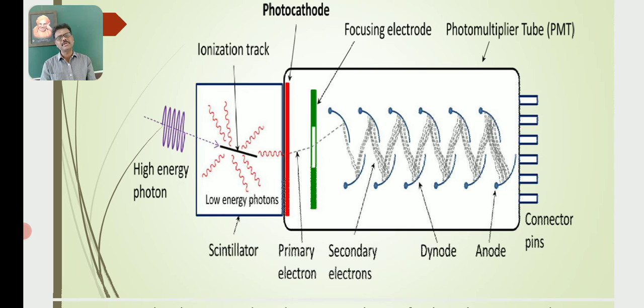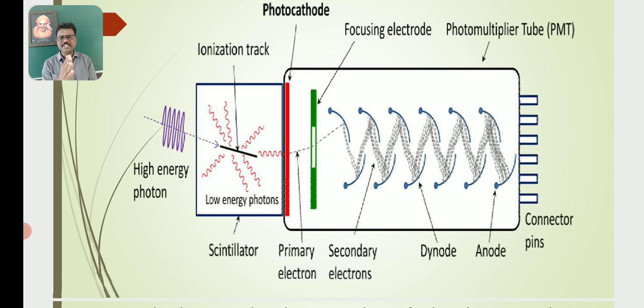When light of suitable frequency is made to incident on a suitable surface, then the electrons are ejected, liberated. Such a phenomenon is known as the photoelectric effect. The liberated electrons are called photoelectrons. They constitute an electric current known as photoelectric current.